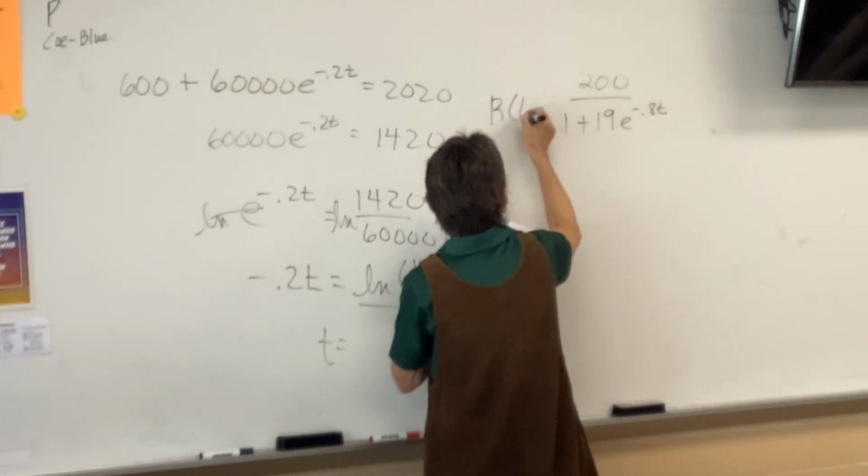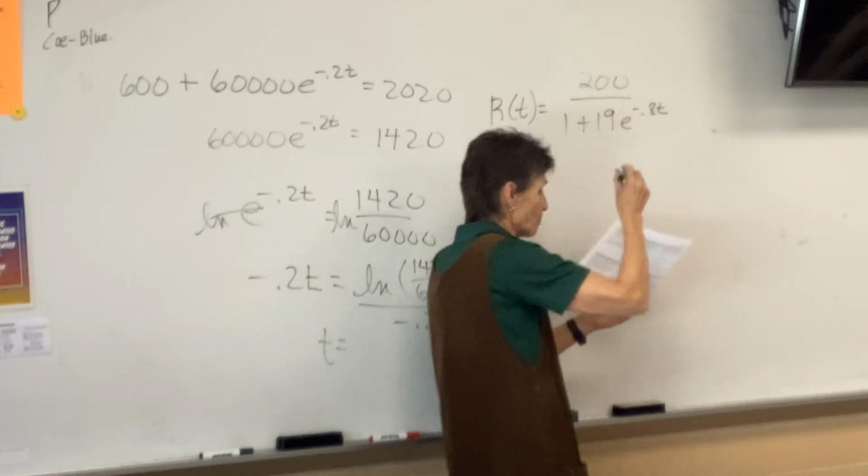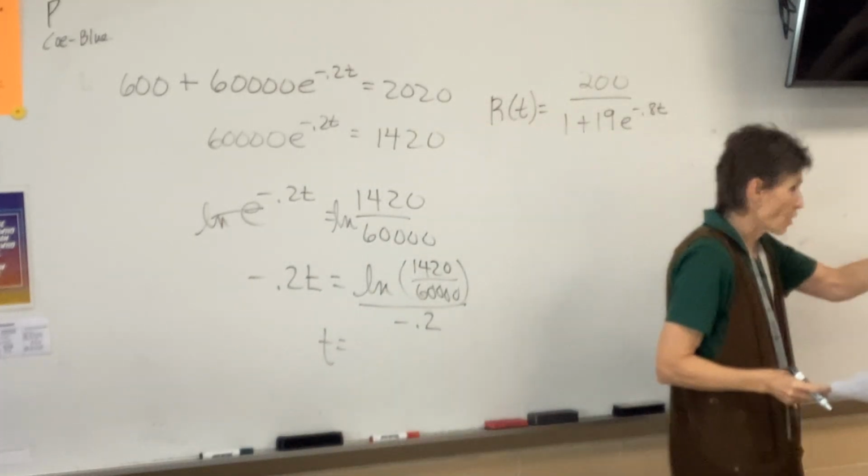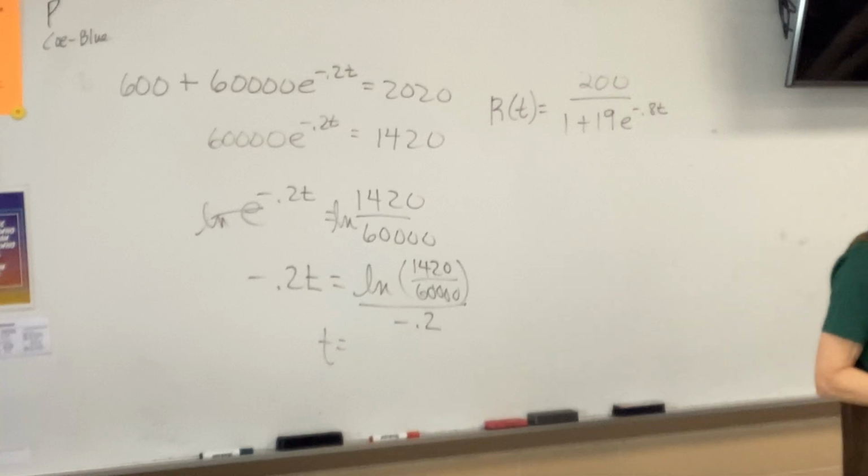Can somebody tell me why for this problem, which is about like our school starting a rumor, why would a logistic model be better than an exponential model? We're talking about the rumors in the school, Chloe? There's only a certain amount of people in school. Exactly. We're capped, right? Okay, good, perfect.